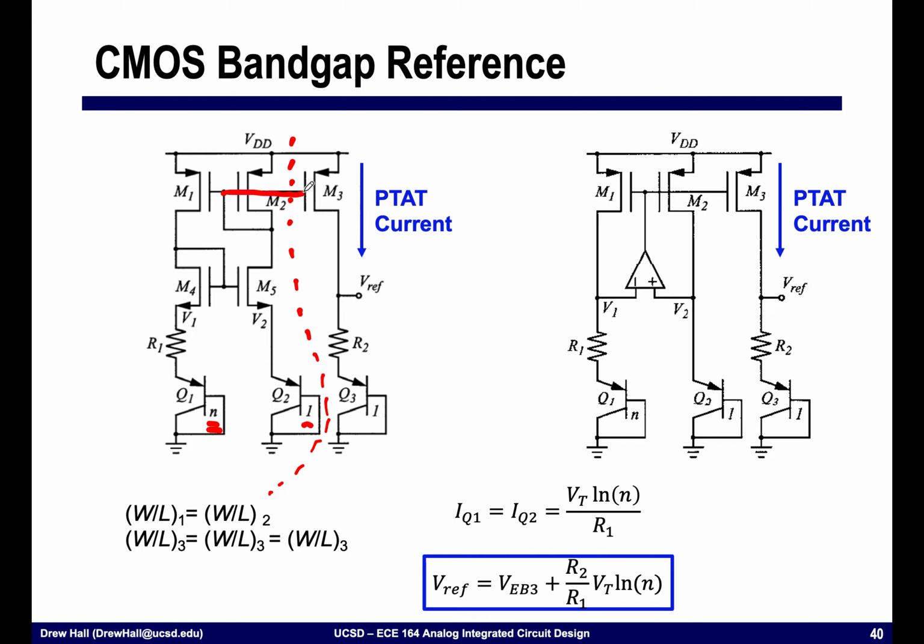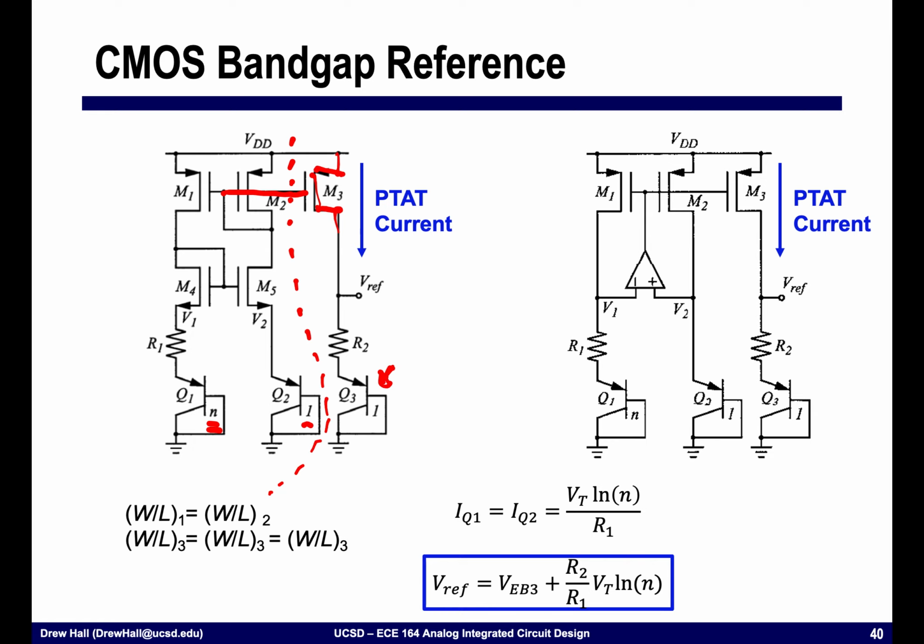And so by copying this over with M3, we're essentially generating IPTAT. And then we're dropping this over R2 and this BJT. And so this BJT is going to give us a CTAT, and the ratio between R1 and R2 is going to let us scale this such that we can correct for that gain factor that I was talking about.